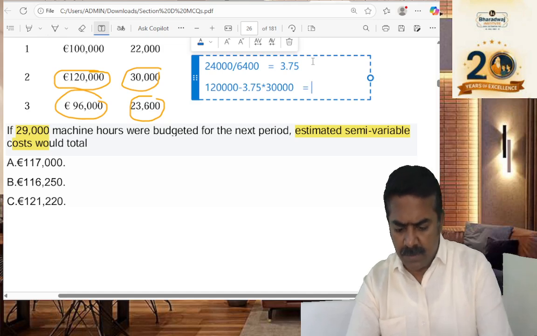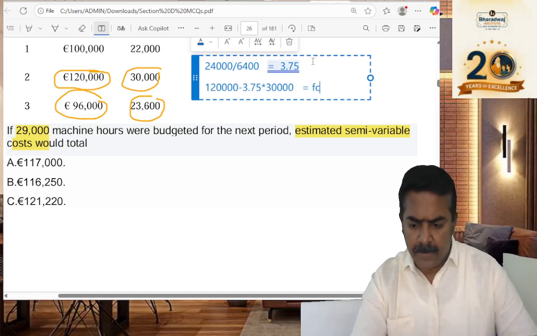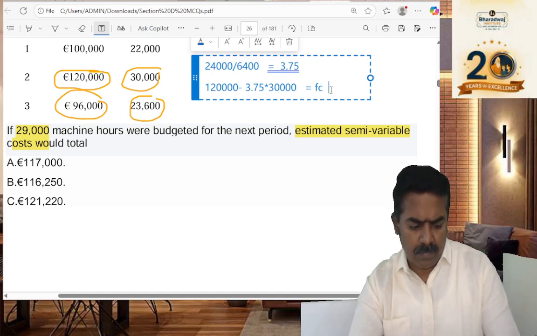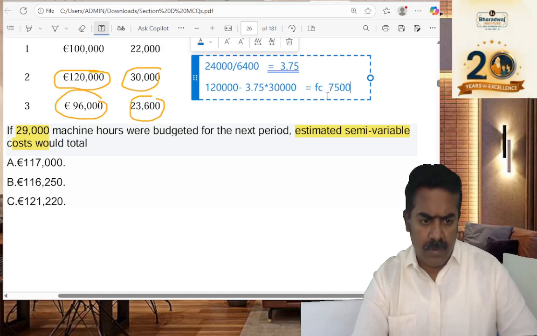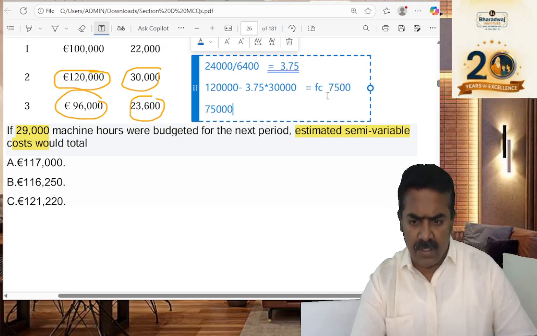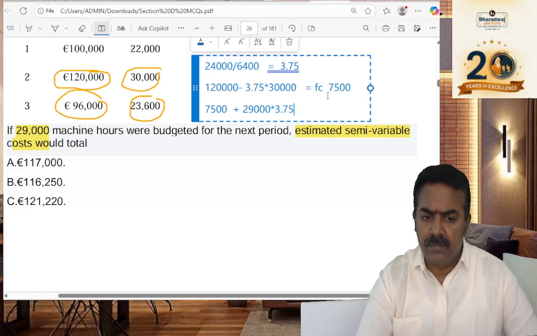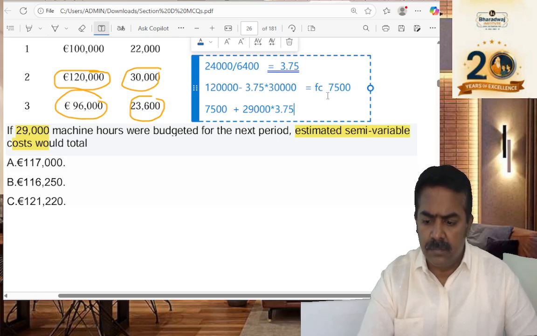What is the fixed cost portion? 7,500 is fixed cost plus 29,000 into 3.75. That gives 1,16,000.